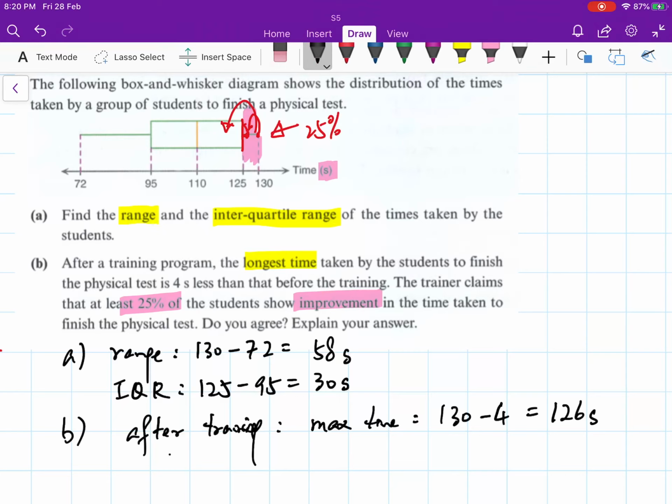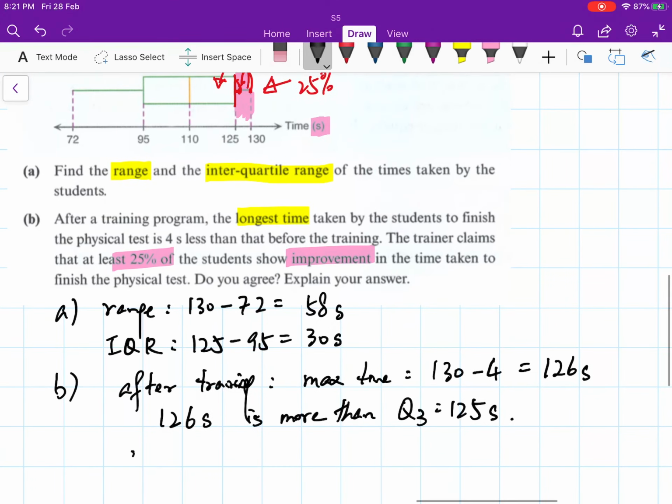So how can we answer the question? We can say like this: 126 seconds is more than the upper quartile, or you just say Q3, 125 seconds.